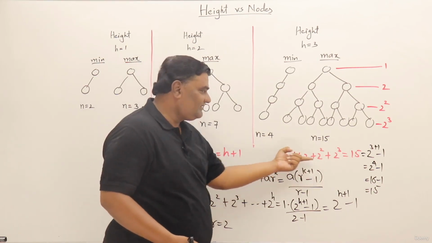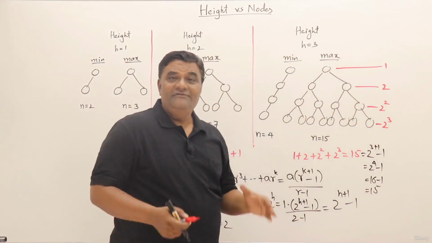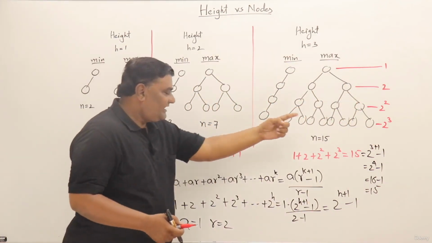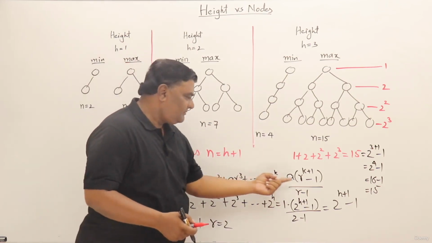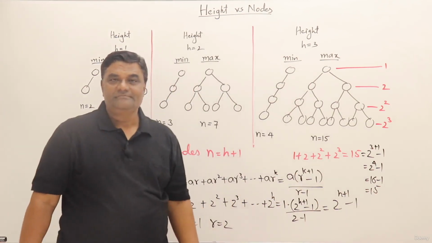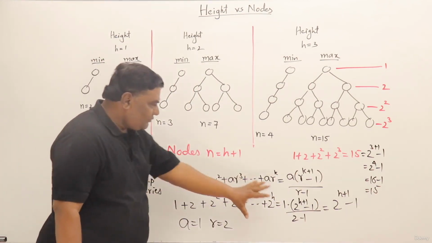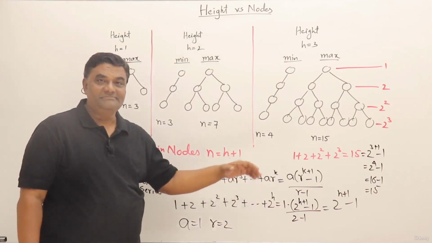So these are the terms of GP series. If we take maximum nodes, that is similar to this one. We already know the formula. We have used the same formula. Now we got the formula for maximum nodes. So we already have for minimum nodes. I will remove this. I will write down for maximum nodes.